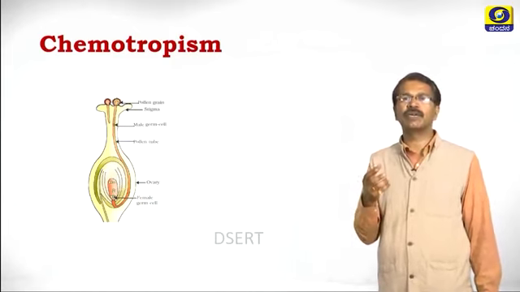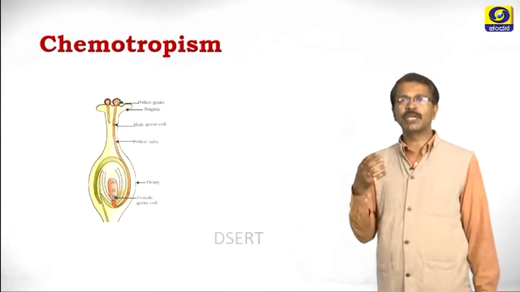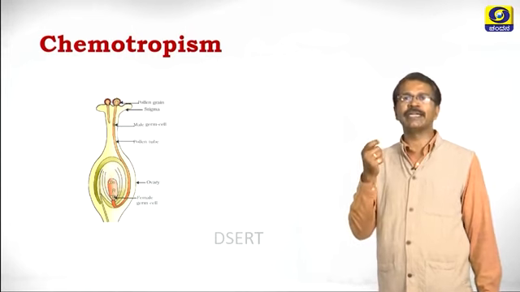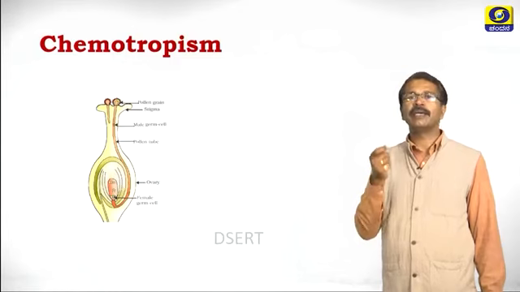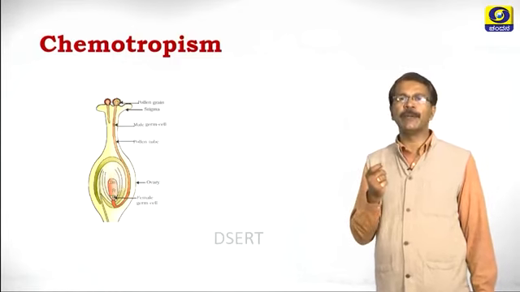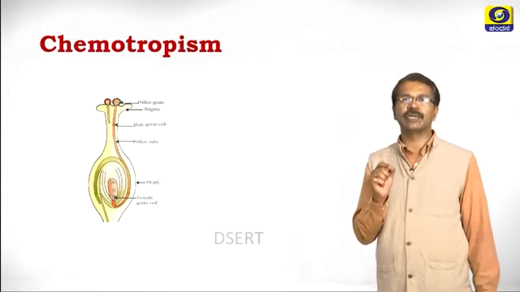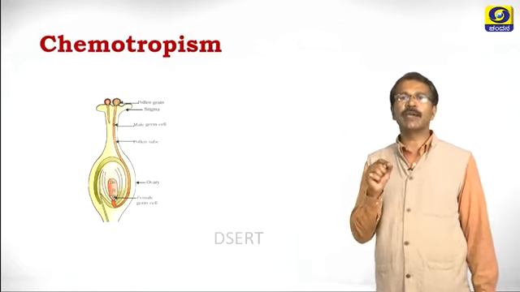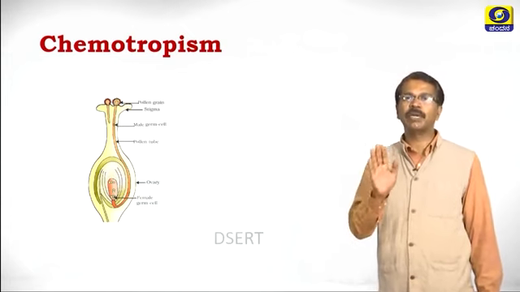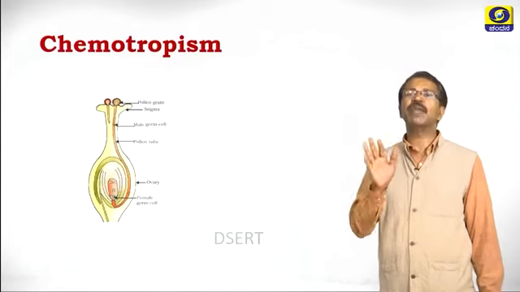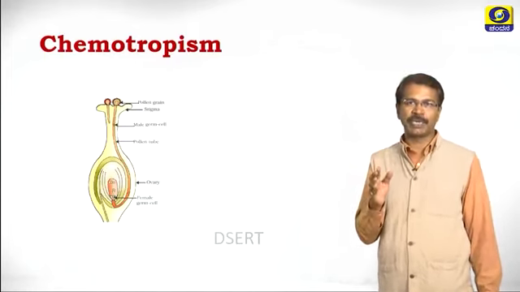That is because of the chemicals produced by the ovary. The biochemicals produced by the ovary stimulate the pollen grain to produce the pollen tube, and it moves towards the ovary, that is positively chemotropic in nature. In the same way, some organisms move away from particular plants because of a specific smell. There you can say that it is negatively chemotropic.